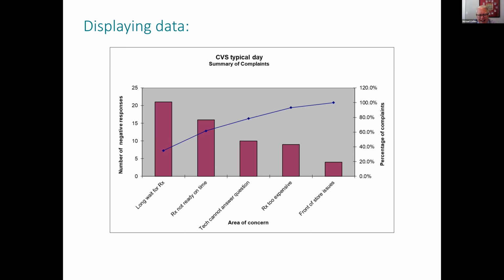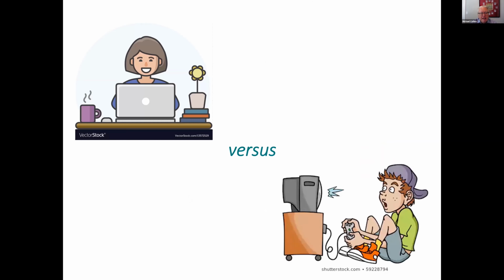And I say, let's talk about how we can display that data in a way that helps me prioritize what I need to focus on improving, in this case the prescription fulfillment process. So there are all sorts of ways to use Excel in the classroom.